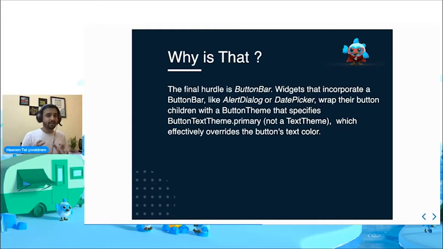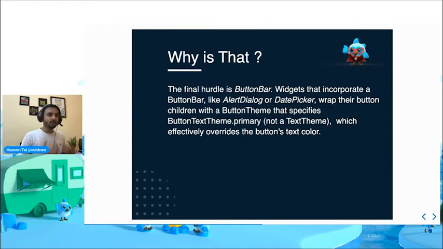This was creating a problem while developing apps. There was an issue with the theme: when you change the theme from dark to light, you need to override it, or somewhere it was not getting overridden.